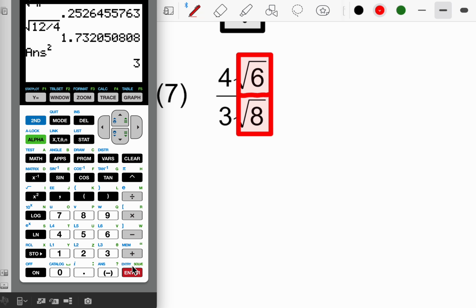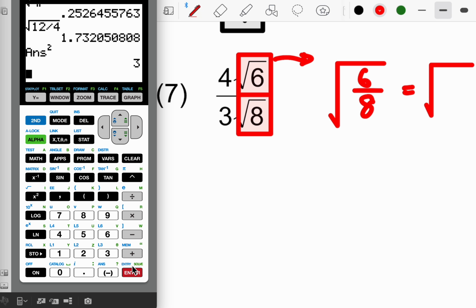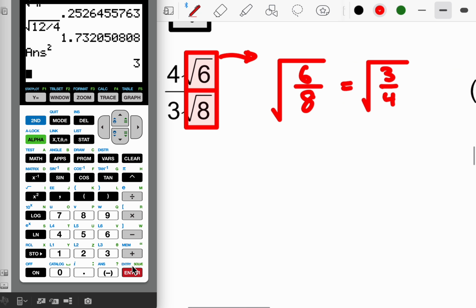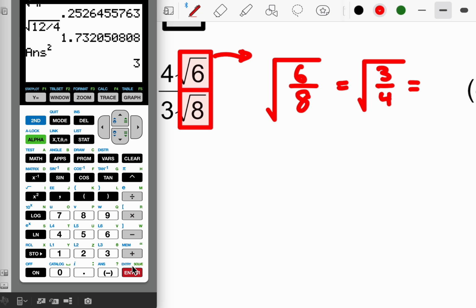The radical 6 over radical 8 is the same as radical of 6 over 8. 6 over 8 reduces to 3 over 4, which in turn, if you split it up, becomes radical 3 over radical 4, which in turn becomes radical 3 over 2. The square root of 4 is equal to 2.